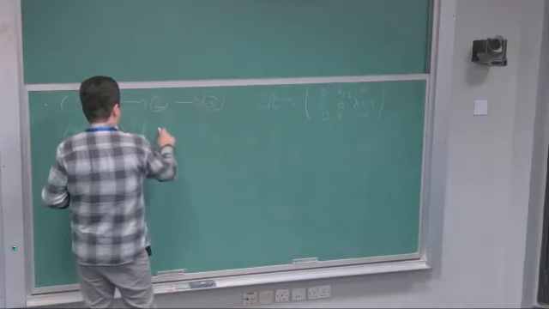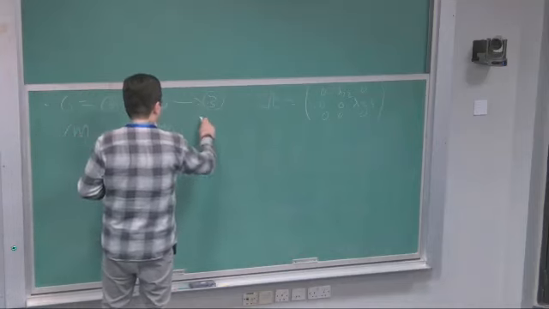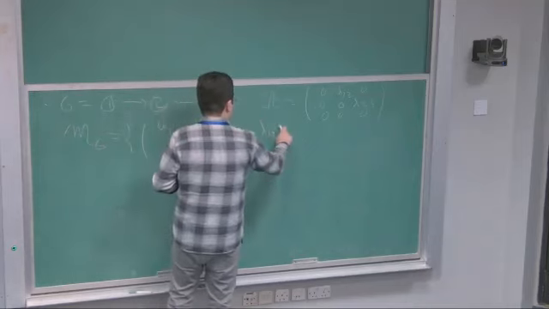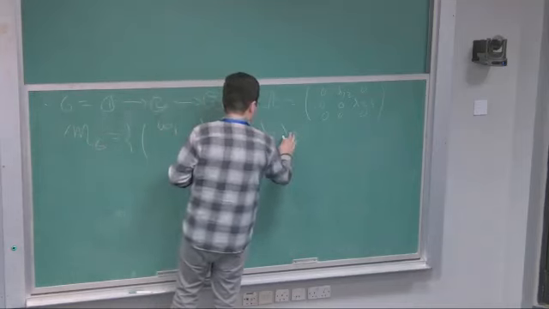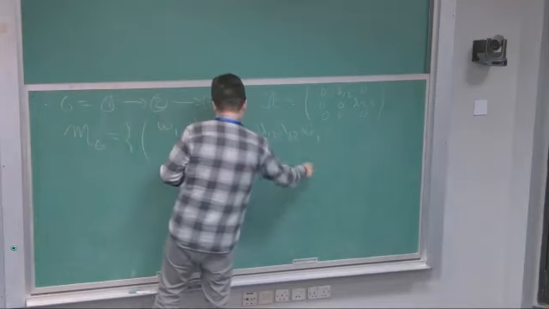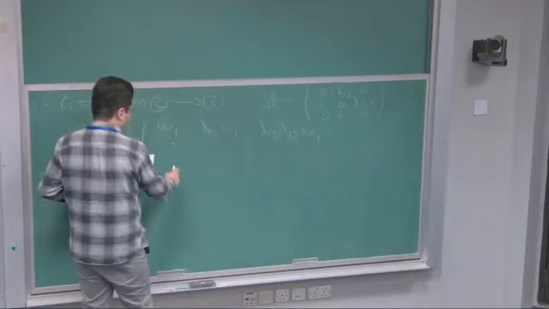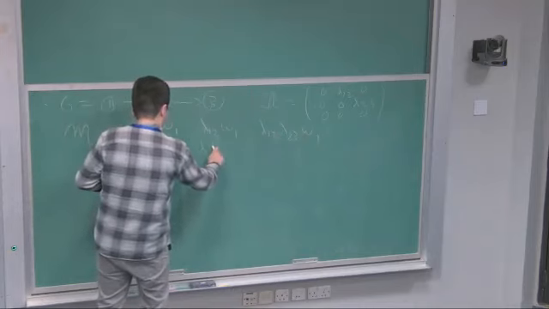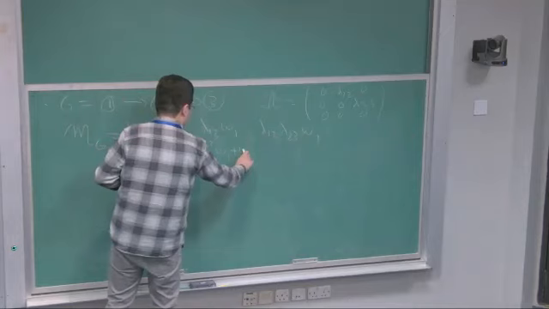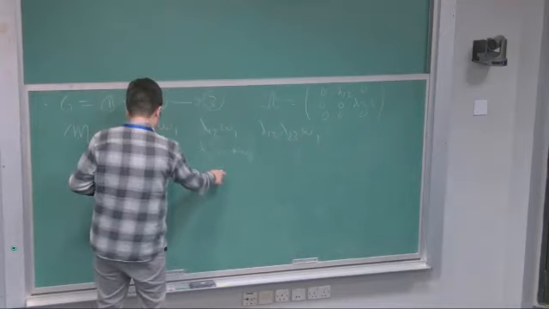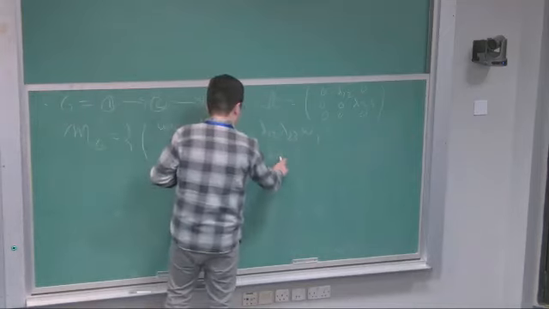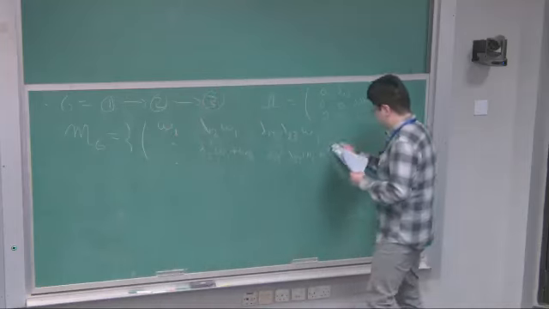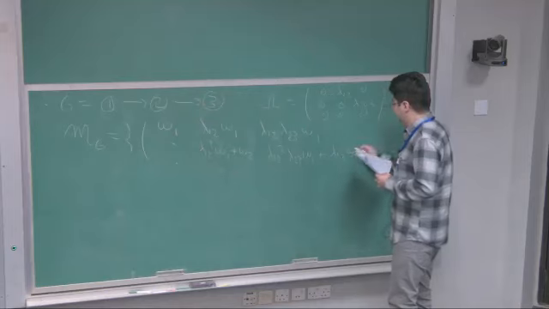So MG is going to look like this: omega 1, lambda 1,2 omega 1, lambda 1,2 lambda 2,3 omega 1. Then this is symmetric, so I'm not going to bother writing it again. Here, lambda 1,2 squared omega 1 plus omega 2. Then lambda 1,2 squared lambda 2,3 omega 1 plus lambda 2,3 omega 2.